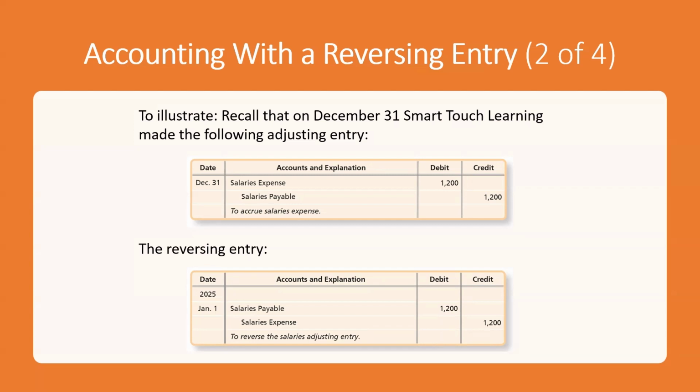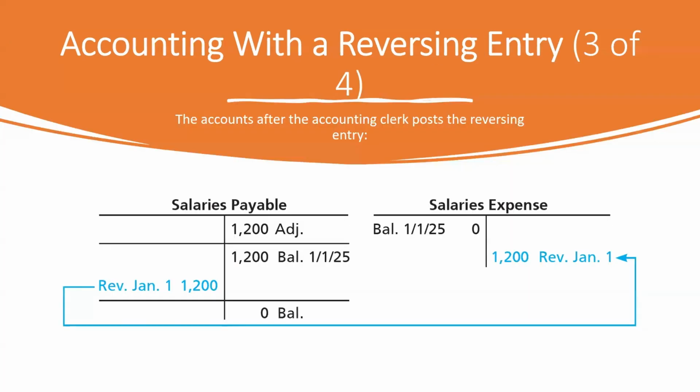So the reversing entry is dated January 1st so that it affects only the new period. All right, so here you see the accounts after the accounting clerk posts the reversing entry.